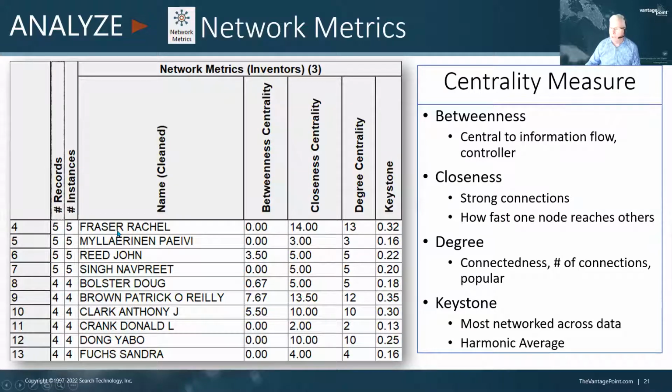So Rachel Fraser links out to 13 other individuals. But those other individuals might be linking out to other individuals. So the degree of closeness, the information that passes through Rachel is rather significant if you compare that.